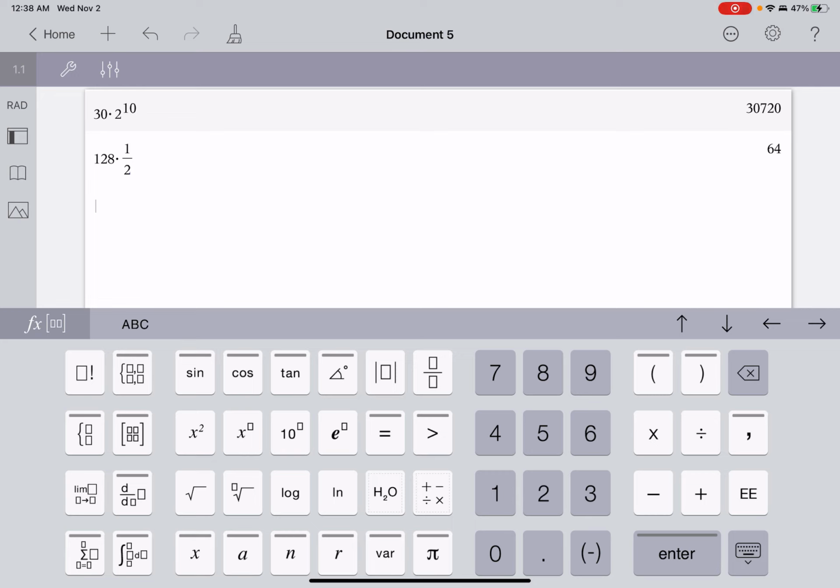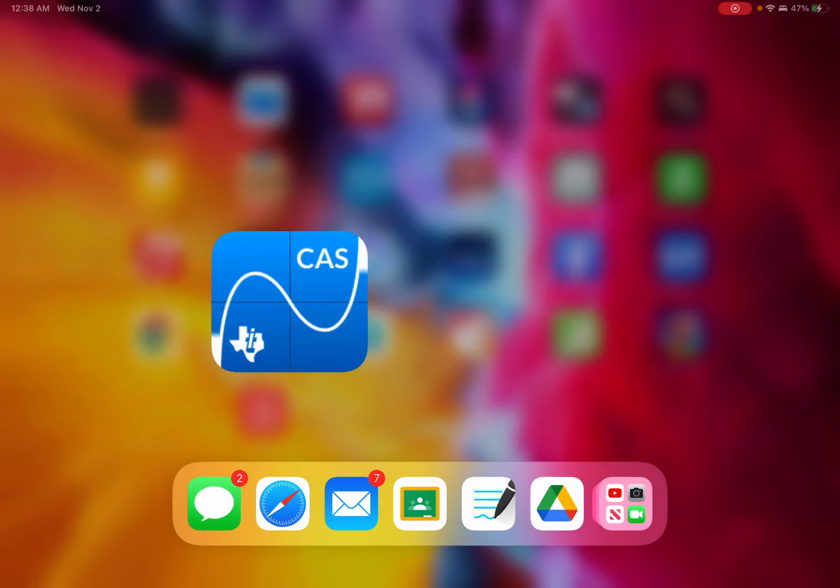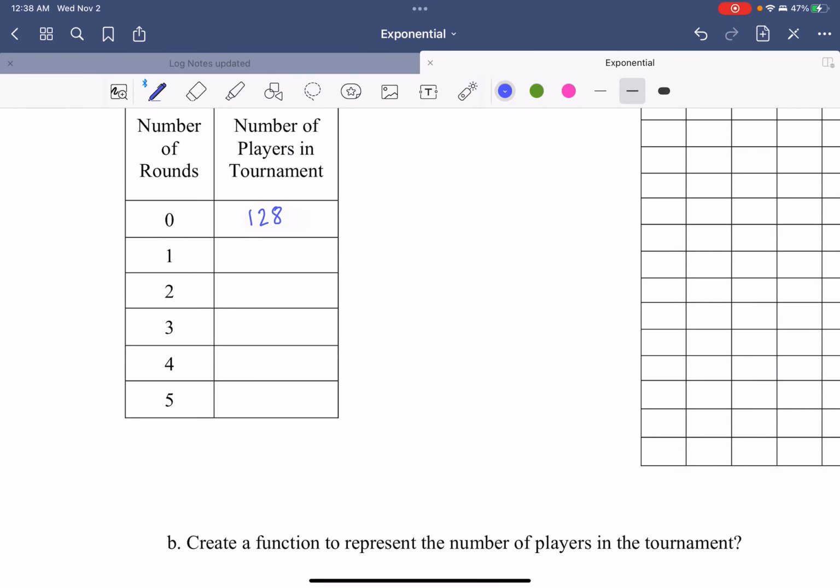Now multiplying by 1/2 is the same thing as dividing by 2. So I can do 128 divided by 2 and I would get the same answer. So it kind of just makes it a little bit easier to just say divided by 2 as opposed to multiplying by 1/2, but either will be acceptable here. Okay, so 128 times 1/2 is 64.